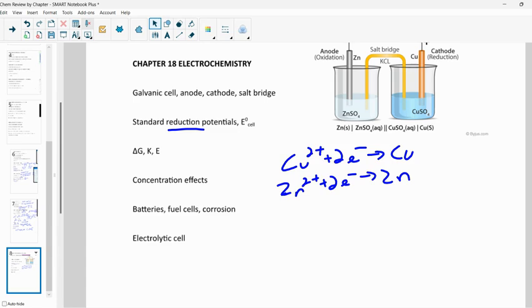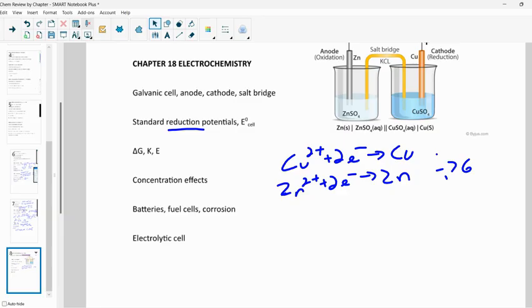All right, I have 2 values. Zinc, negative 0.76.